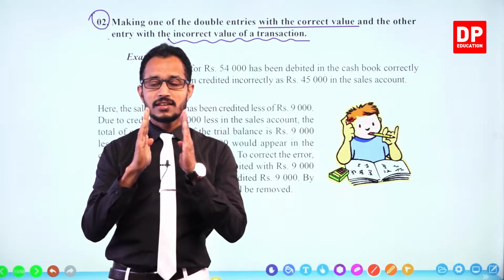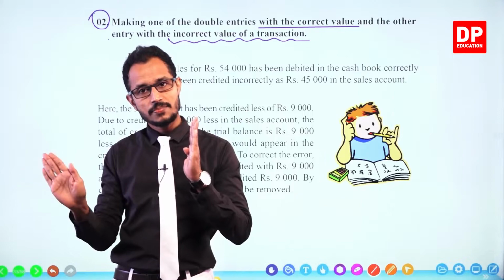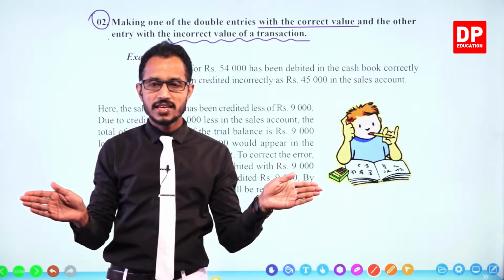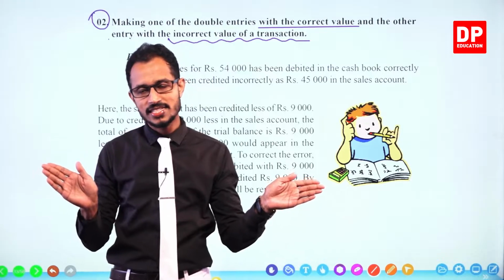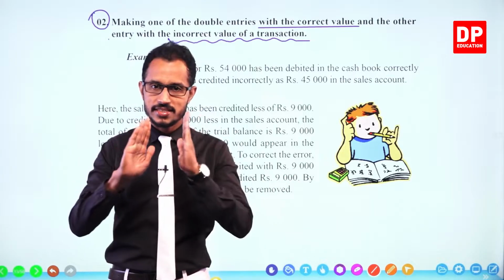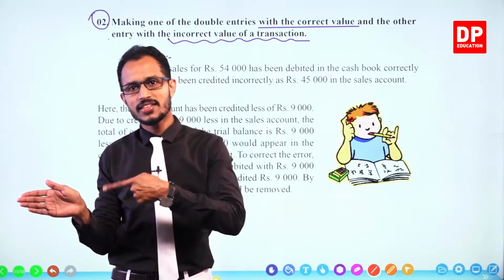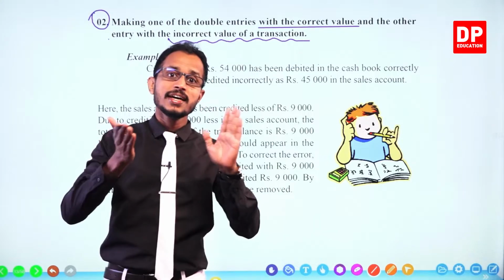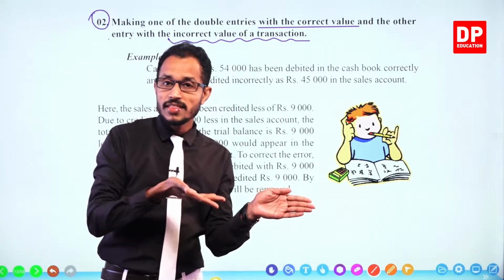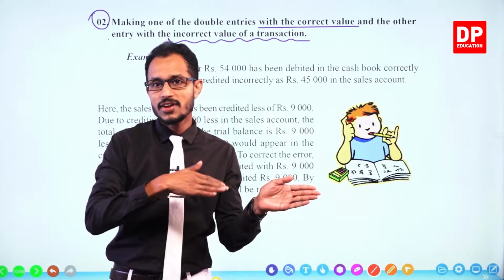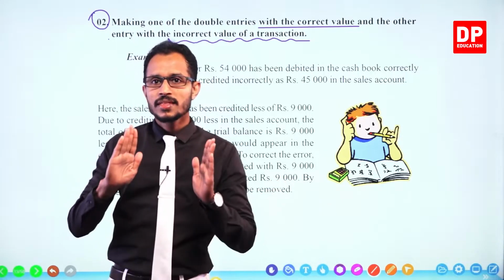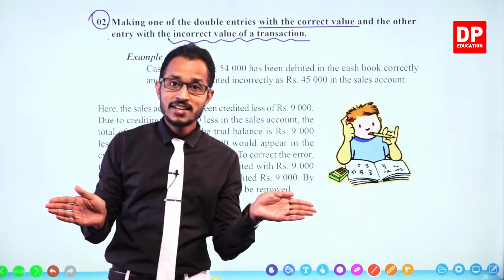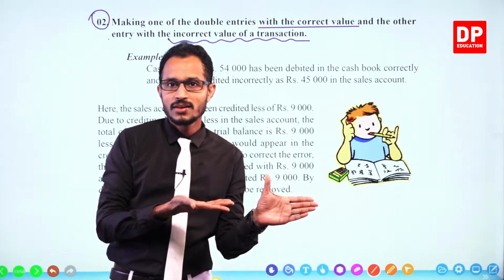Let's say the debit entry is having the correct value, let's say 1000, and the bookkeeper has gone and entered 2000 in the credit side of the other account, an incorrect value. Or 1000 in the debit side, but in the credit side maybe he has entered, let's say, 100, 10 less.